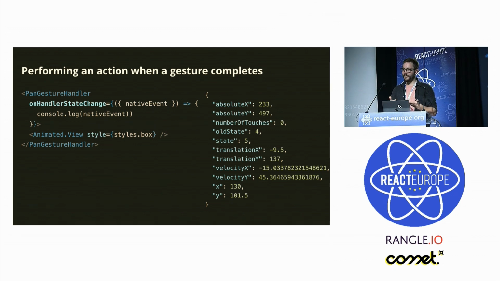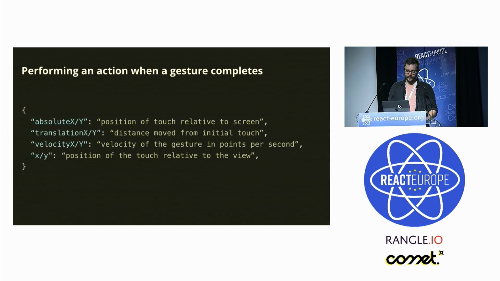In that case, it would be kind of weird if it just bounced back to the original position. That probably shows intent by the user that they intended to dismiss this. And so you usually look at some combination of velocity and translation to determine whether sufficient intent can be established that the user wants to do whatever action they might do with the gesture.